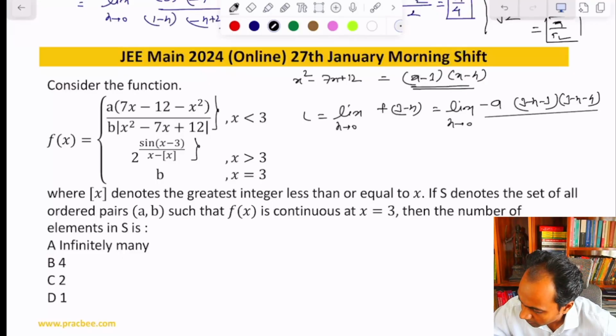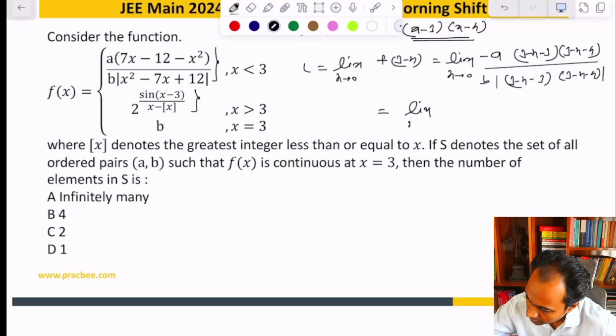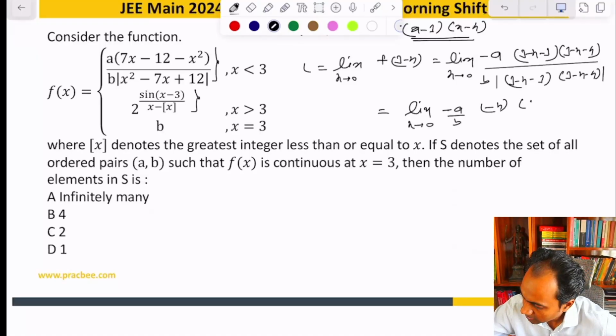And in the denominator part, if I do the same thing, there is already a b here. Modulus of 3 minus h minus 3 and then 3 minus h minus 4. So what you can observe here is, this comes out to be limit h tends to 0, you have a minus a by b. This simplifies into minus h. This becomes minus 1 minus h.